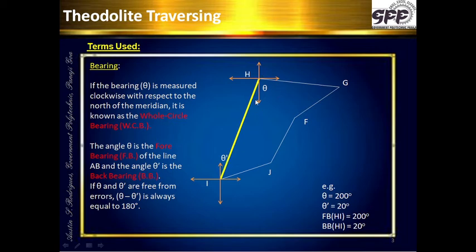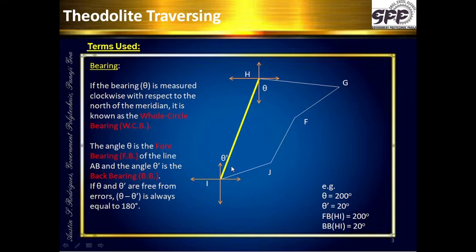Please note theta and theta dash, the difference is always equal to 180 degrees. For example, if the whole circle bearing of the line HI is 200 degrees, theta dash, that is the back bearing of the line HI, is 20 degrees, the difference between them would be 180 degrees.